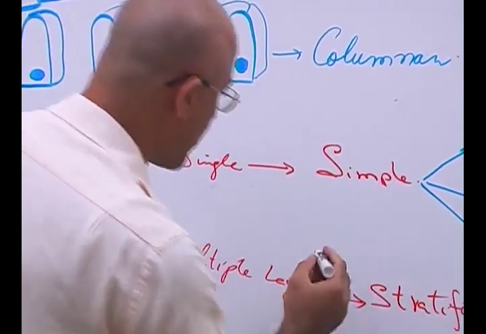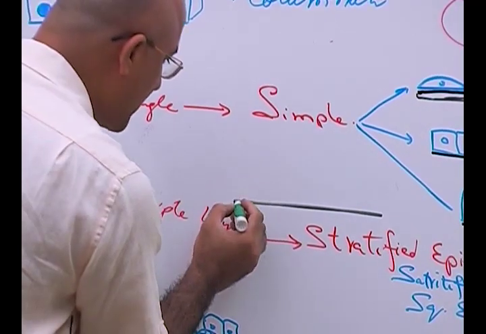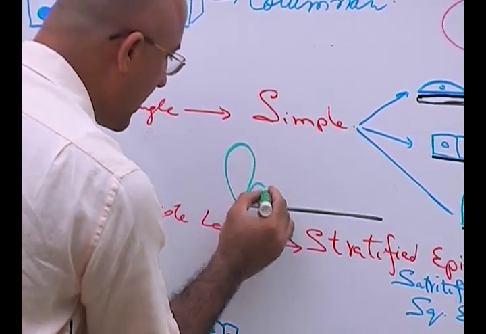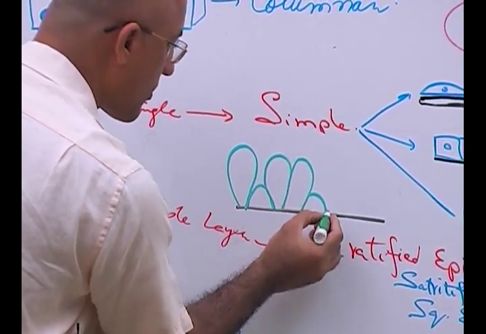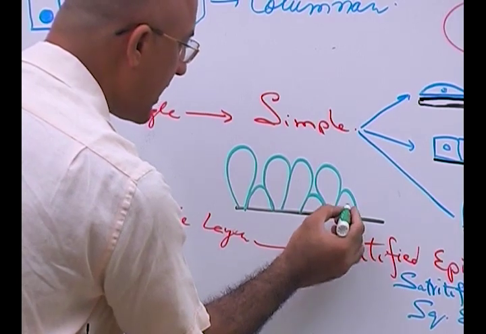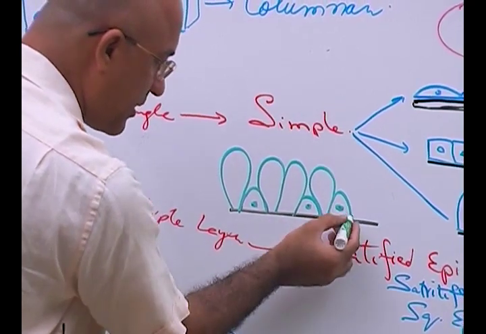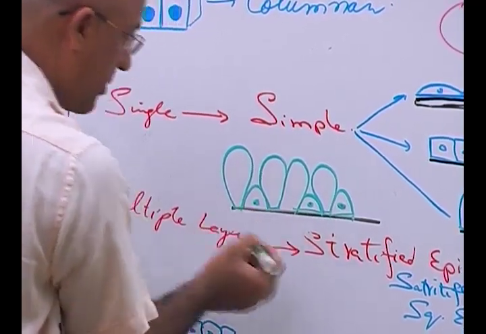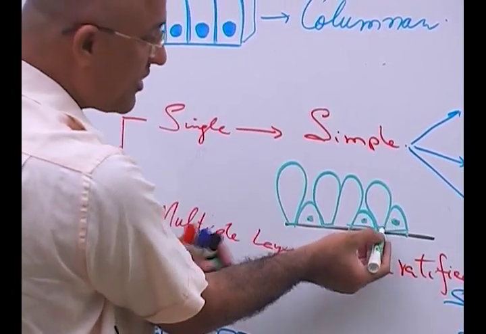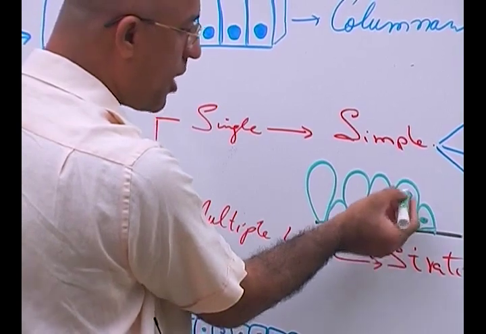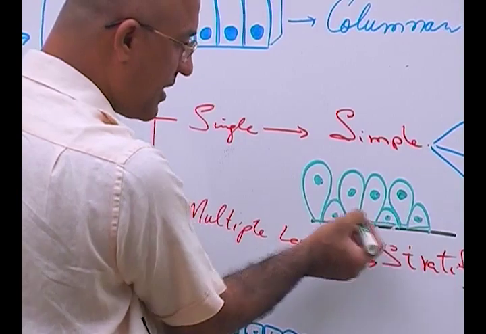Look here, there's a basement membrane here, right? Some cells are tall, other cells are not as tall. Now, this is an epithelium in which every cell is reaching up to the basement membrane, but because cells have different heights, the cells which are on top have nuclei at an upper level, and cells in the basal area have nuclei at a lower level.